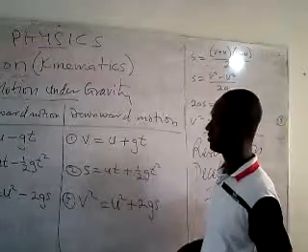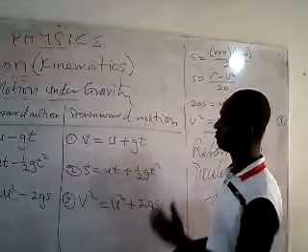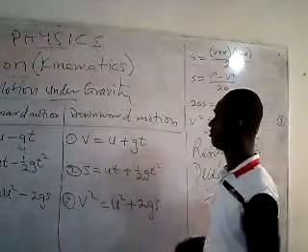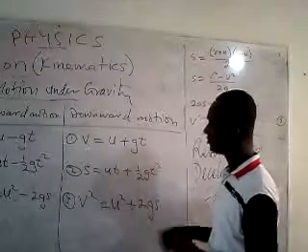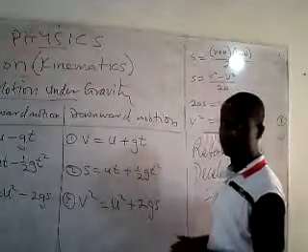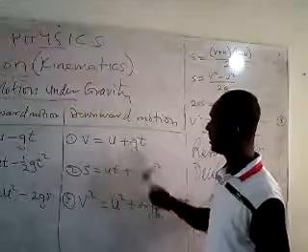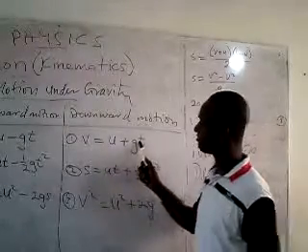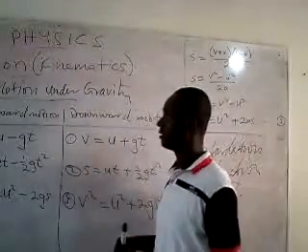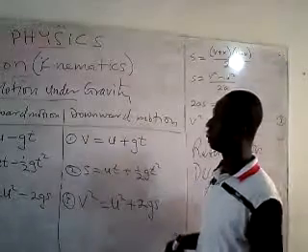Motion under gravity, you have both upward and then downward. So you have to learn these equations, and I've explained to you why they are plus for downward and why they are minus for upward.